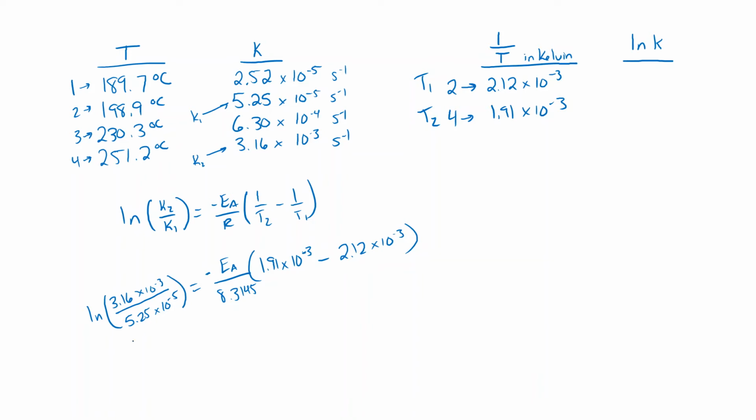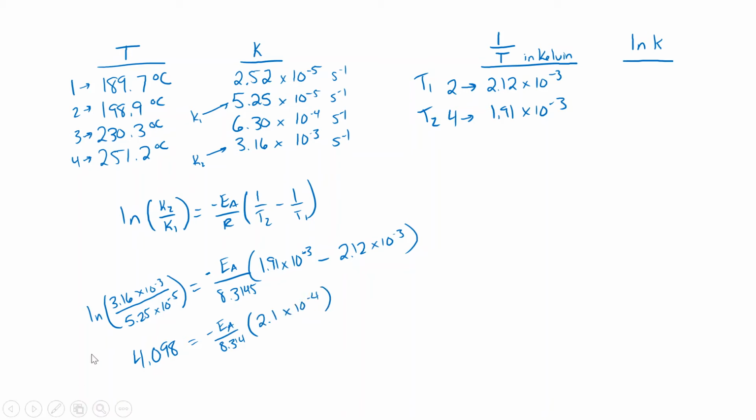All right, so we do all of this, and what we end up with is I divide these numbers and then take the natural log, and what I get out is a positive number, 4.098. That equals negative EA over 8.3145, and then I take the subtraction over here, and I get 2.1 times 10 to the negative fourth. Okay.